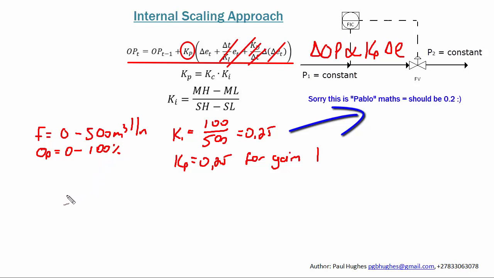So let's assume we have an error at some time t, let's say delta error equals 50 cubes an hour.